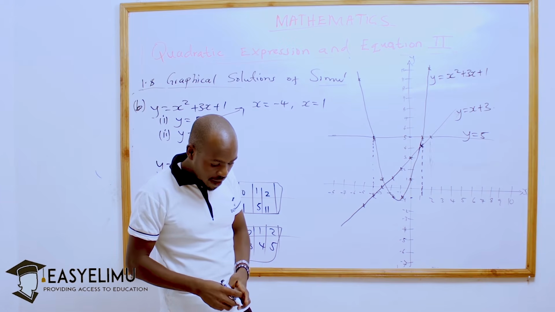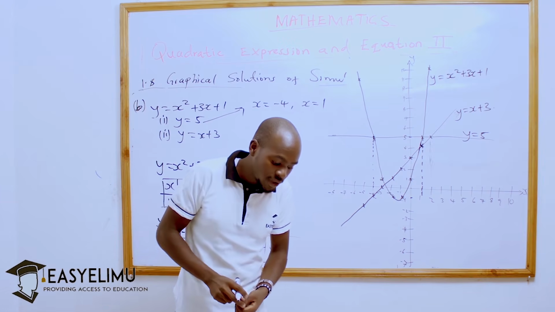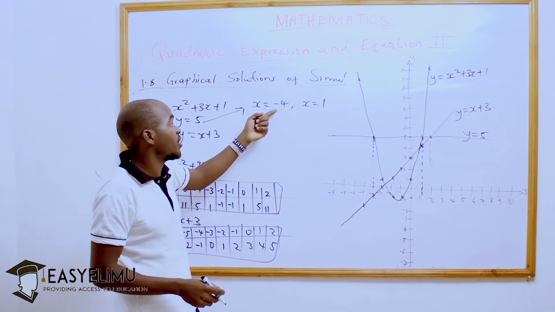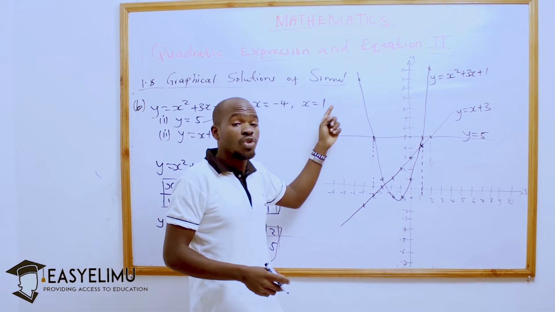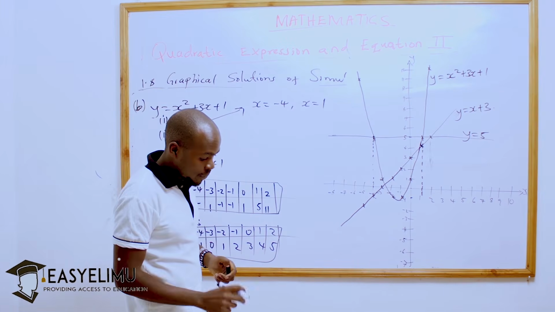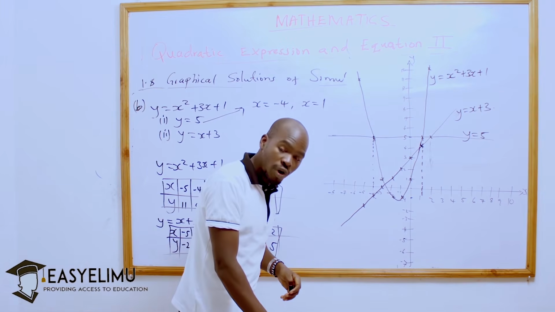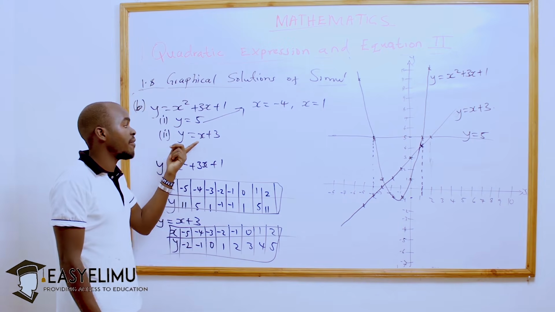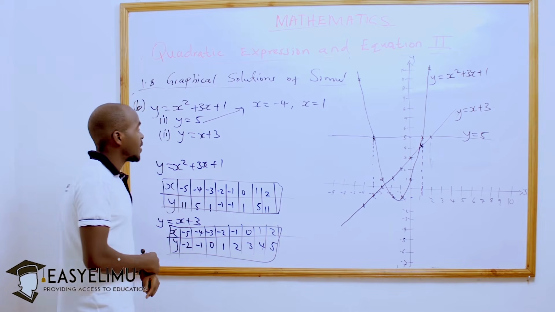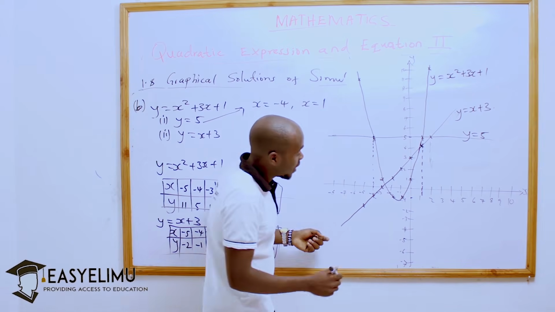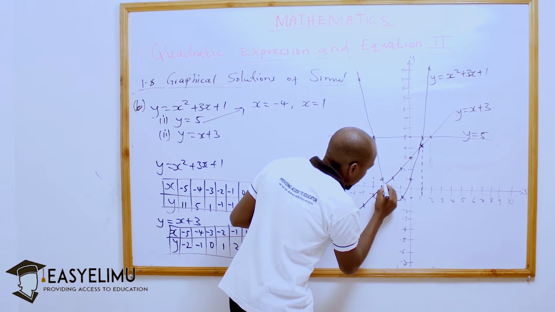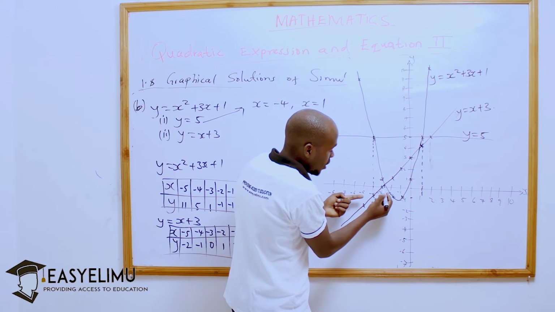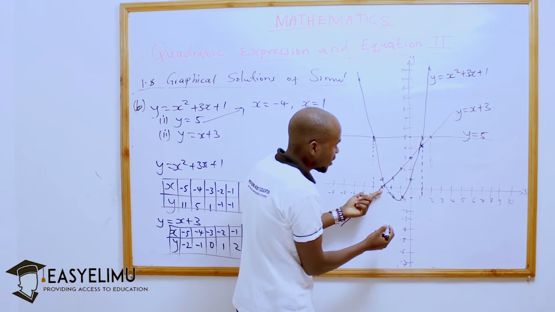So for the given quadratic equation, which was x squared plus 3x plus 2 equals 6, we have seen the solution is x equals -4 and x equals 1. For the second one, x squared plus 2x minus 2 equals 0, which we found is resembling the linear function x plus 3, we have seen it cuts the graph at this section here, which is in between, not 3 and not 2, but close to 3.